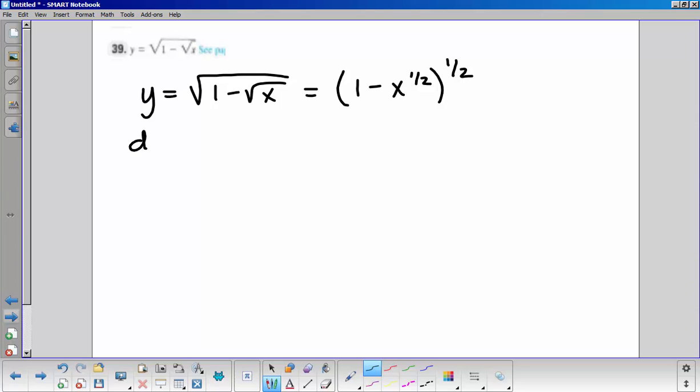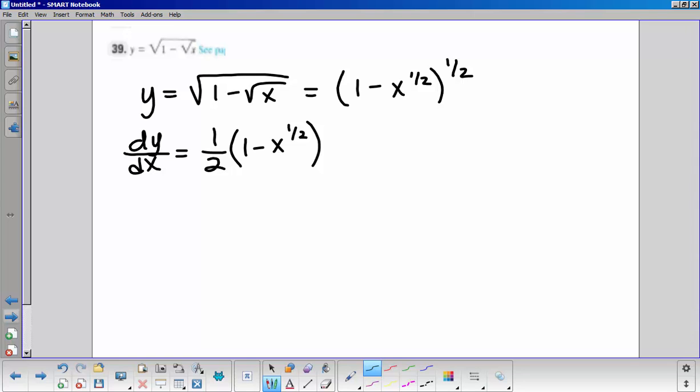All right, so dy dx here is, you can distribute the exponent over multiplication and division, but you cannot distribute the exponent over addition or subtraction. Can I try this one? Sure. Bring it down. Then you do 1 minus x to the 1 half times the derivative of the inside.